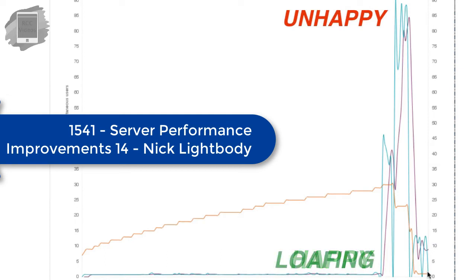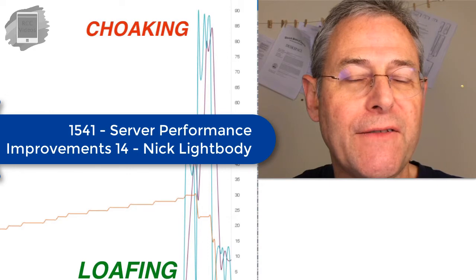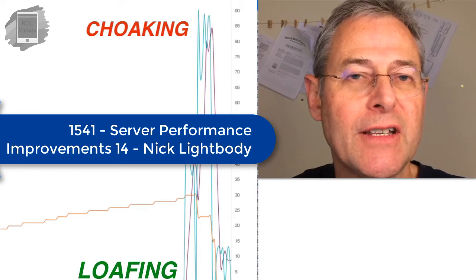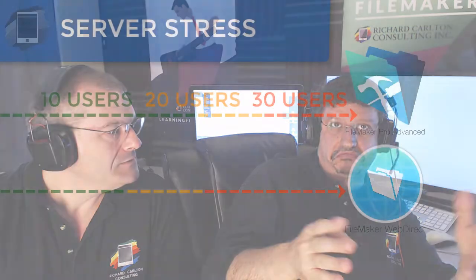We actually cover that in another video, where we call it loafing or choking. It was Nick Lightbody, and it's a video still in the course, and he talks about how you have no warning. It's wonderful, and then when it goes bad, it's dramatic and it's sudden. It's very sudden. With WebDirect, you reach the limit after 10 users.